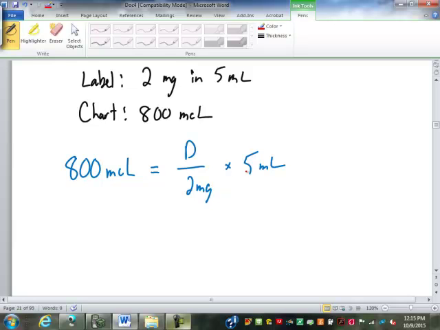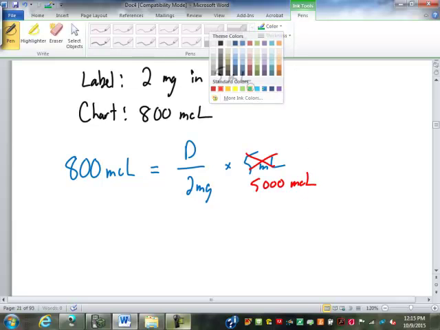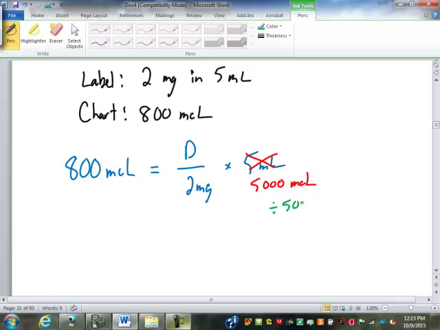Right now, that 800 cannot be divided by the 5 because they're different units. We have to convert the 5 milliliters into 5,000 microliters first. Then we can divide by the 5,000.